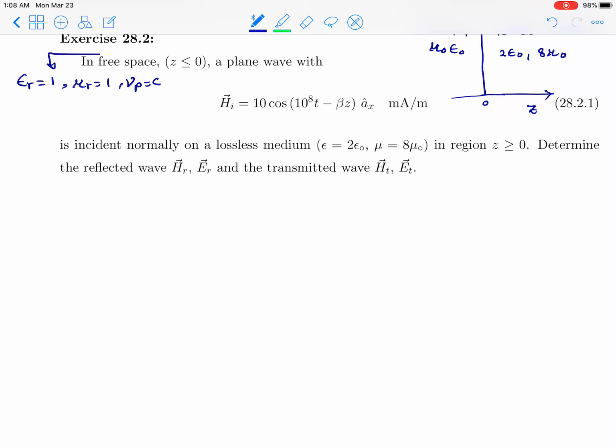And we want to find the reflected fields as well as the transmitted field.